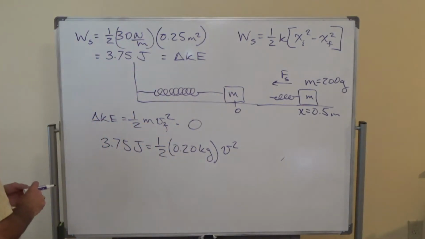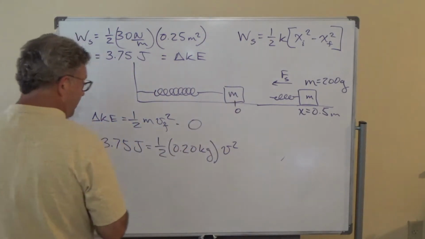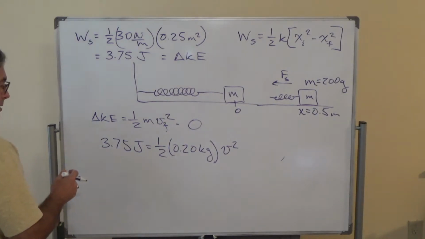So we can calculate the velocity of the mass at 0 pretty easily now.